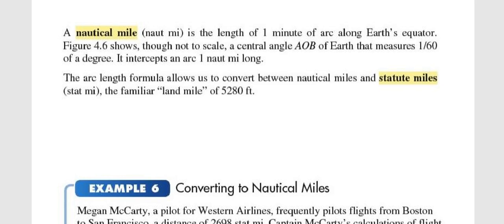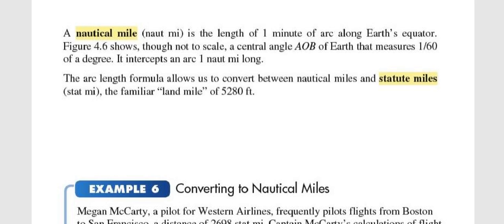The difference between a nautical mile and a statute mile. A statute mile means it's what you're familiar with. It's a land mile. The truth of the matter is, unless you're a flat Earth person, the planet we live on is spherical, which means a nautical mile follows the arc of the Earth.